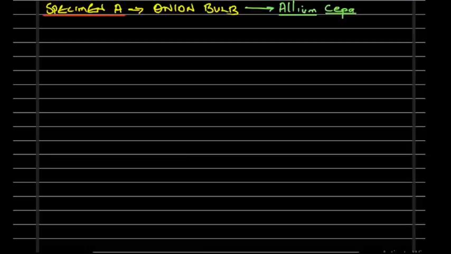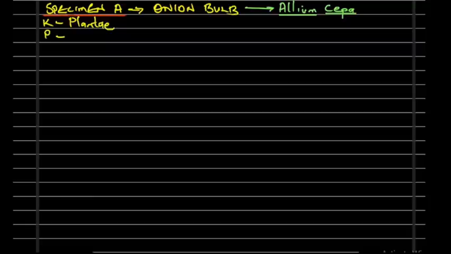Now, let's quickly talk about its classification. When we talk about its scientific classification, we have the kingdom. We have the kingdom to be Plantae. It belongs to the Plantae. And then we have the phylum now.